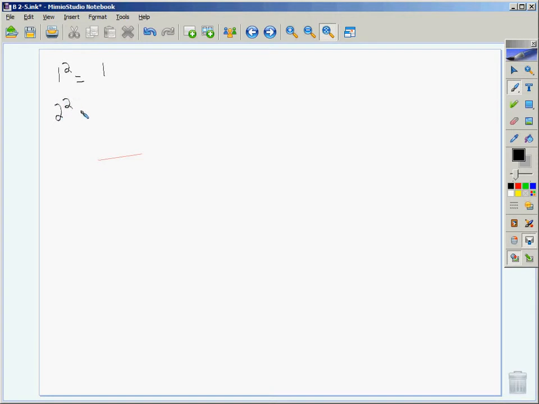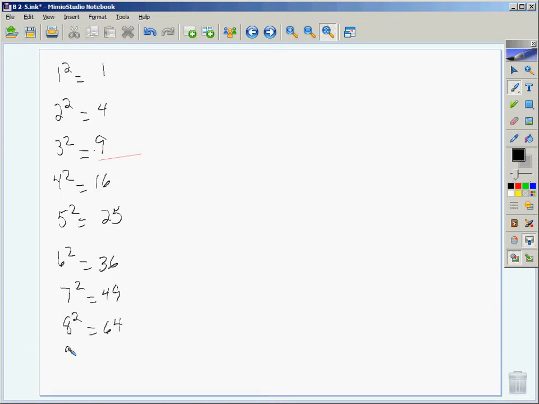What is 2 squared? 4. 3 squared? 9. 4 squared? 16. 5 squared? 25. 6 squared? 36. 7 squared? 49. 8 squared? 64. 9 squared? 81. 10 squared? 100. 11 squared? 121. 12 squared? 144. 13 squared? 139.